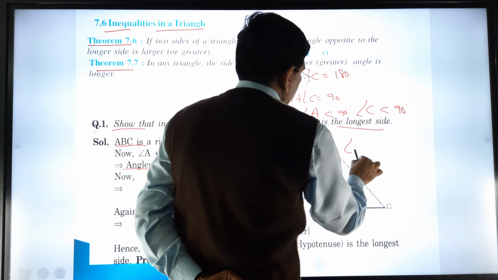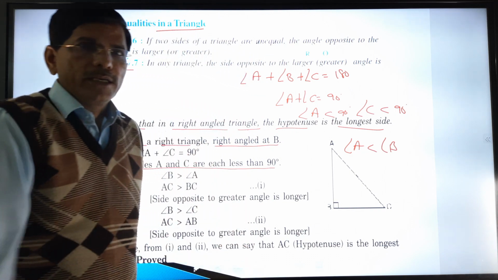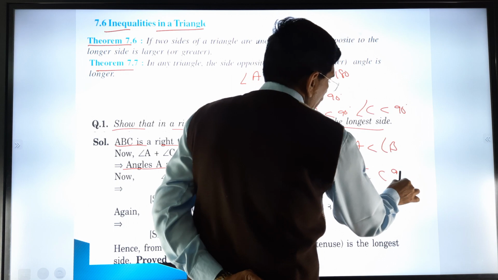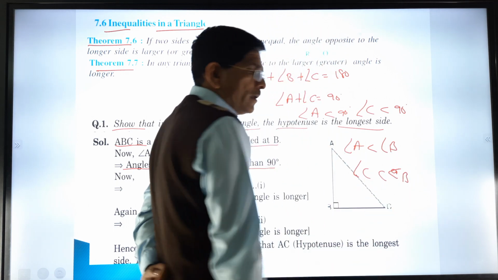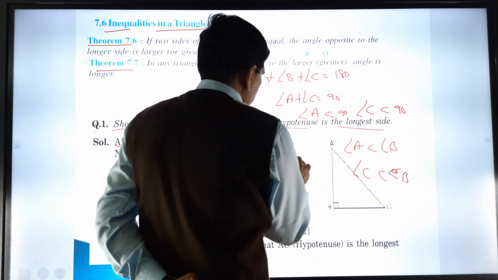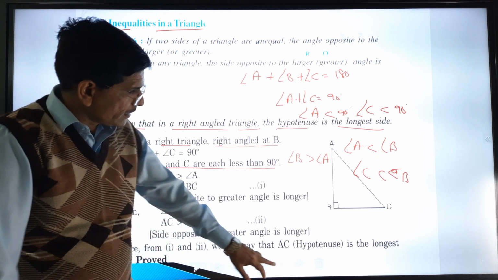So angle A less than 90 means less than B, because angle B is 90 degrees. Again angle C is less than angle B. So, the other way around, we can say that angle B is greater than angle A.